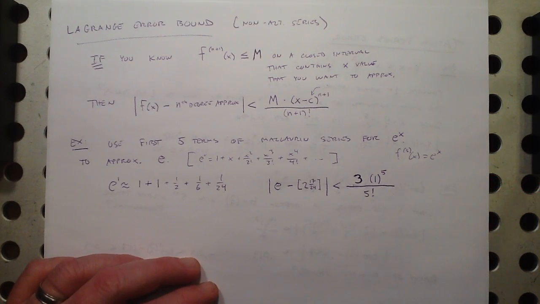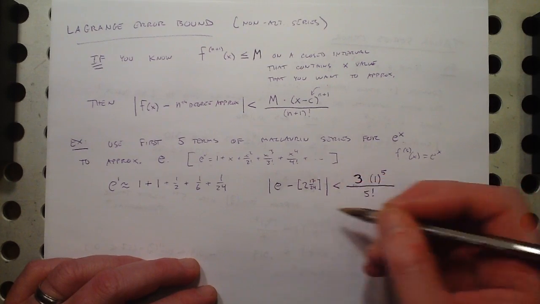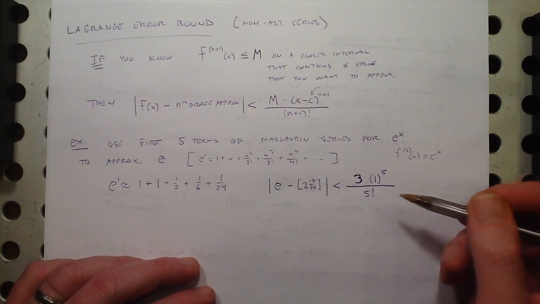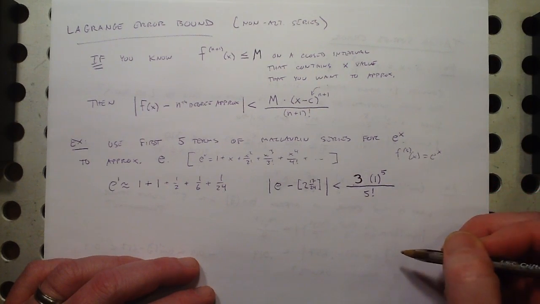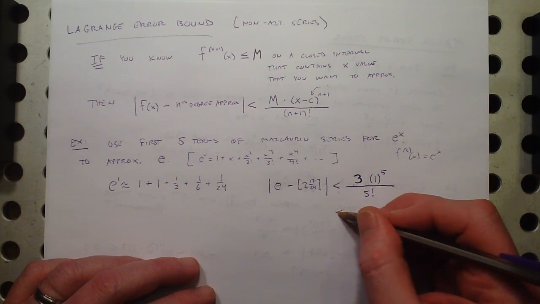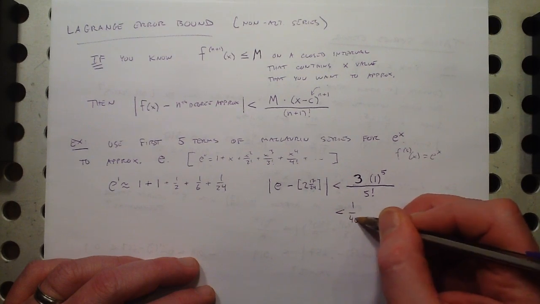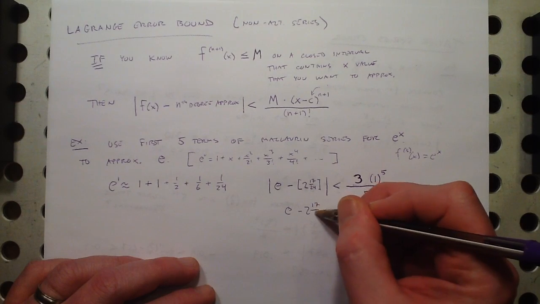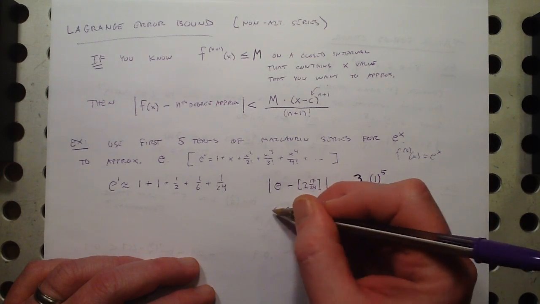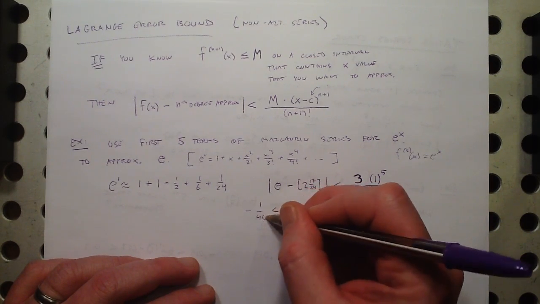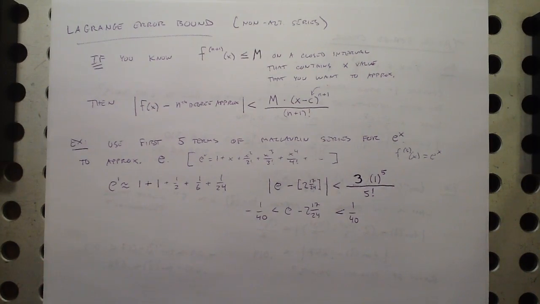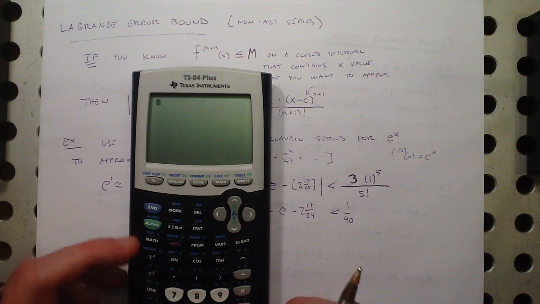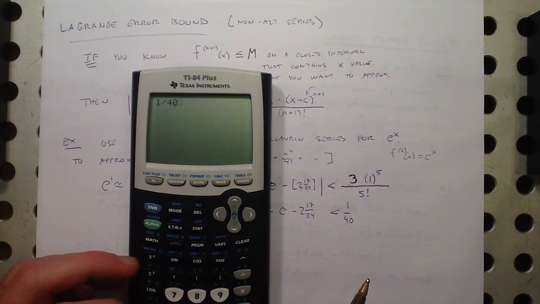And then let's check this out and see how we did. So that means, let's see, that's 3 over 120, right? That's 1/40th. So it means that the difference between e and my approximation here is not more than 1/40th, plus or minus. And just to check, 1 over 40 is that 0.025?